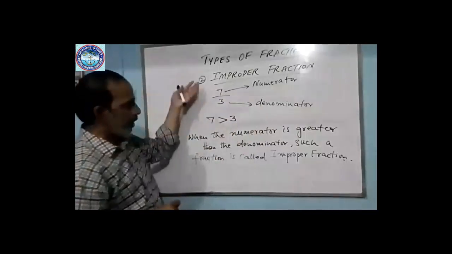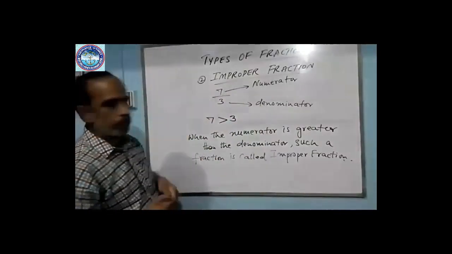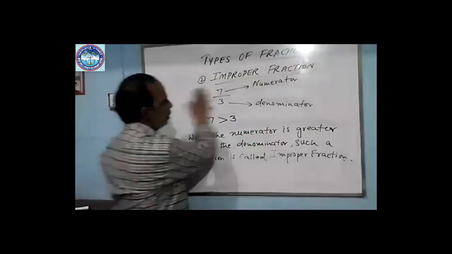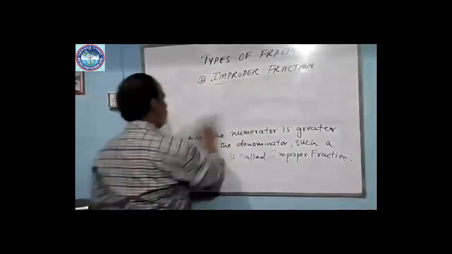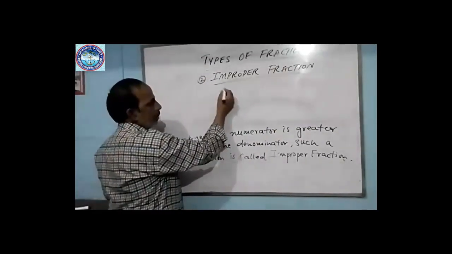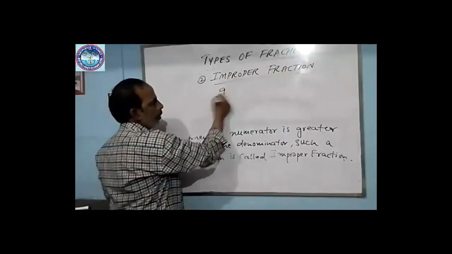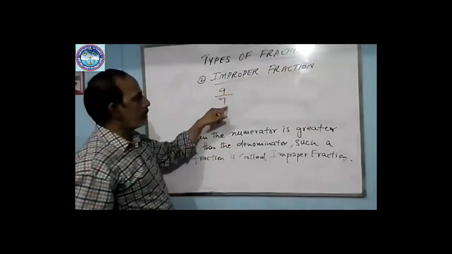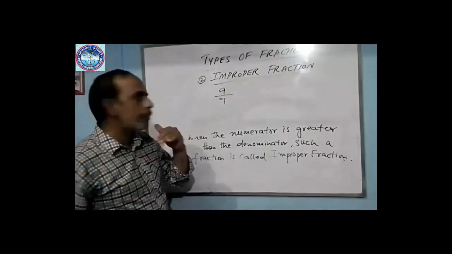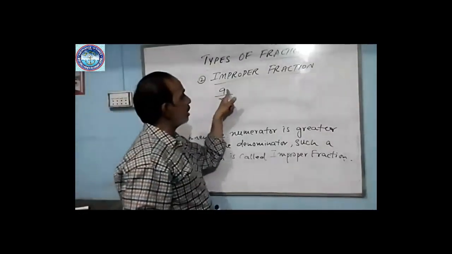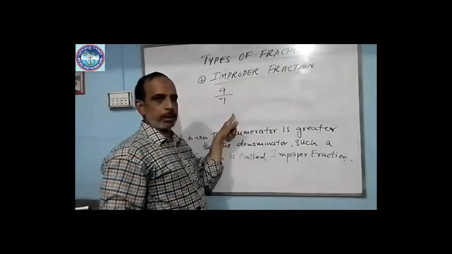Just as we have taken an example of 7/3, let's take another example of the improper fraction. That is 9/7. So here 9/7 is also an improper fraction. Why do we call it an improper fraction? Only because the numerator is greater than the denominator, right?